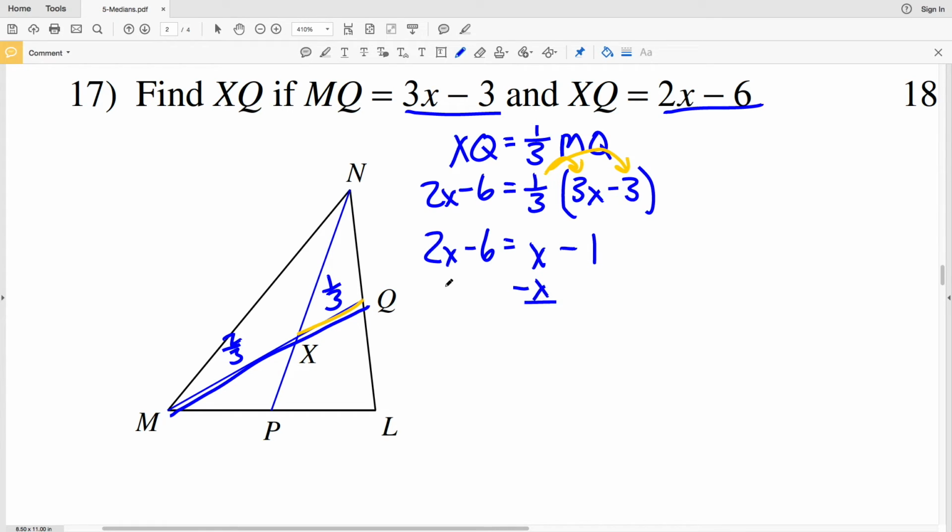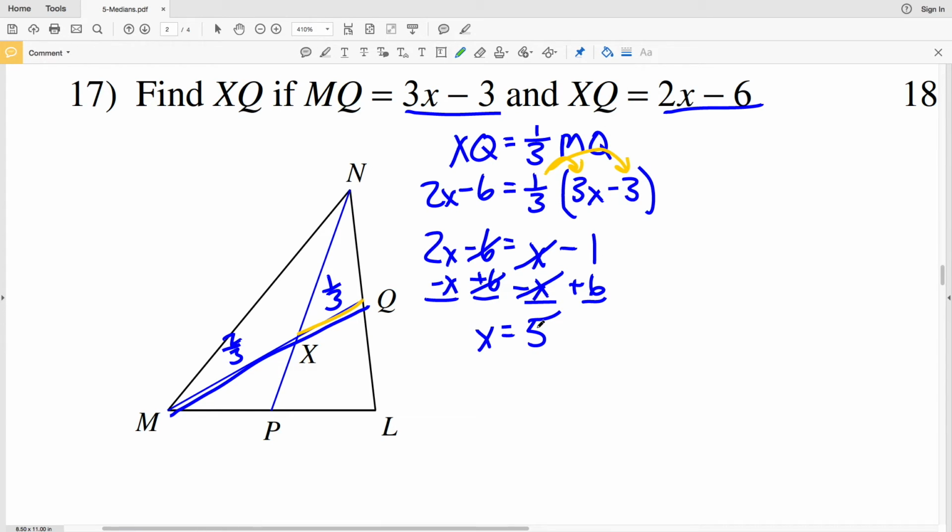I'll subtract x from both sides, which will cancel out my x's on the right, and I'll also add 6 to both sides, which will cancel out my 6's on the left, essentially moving my terms with x to the left and my terms without x to the right. 2x minus x is equal to x, and that's equal to negative 1 plus 6, which is a positive 5.